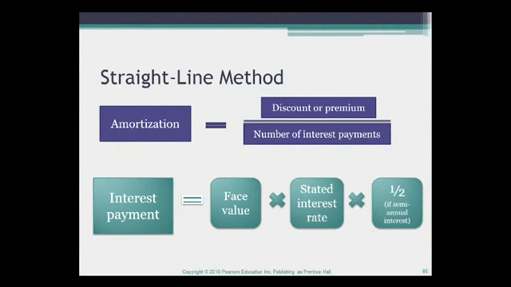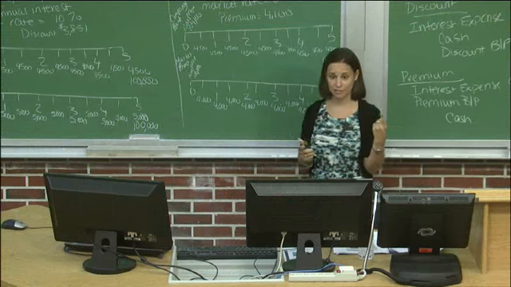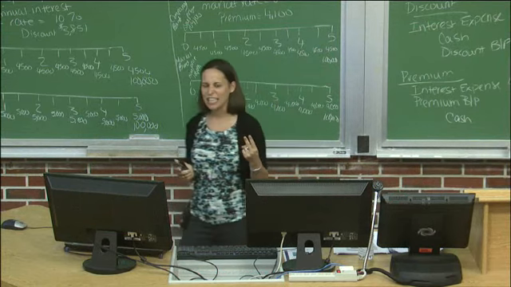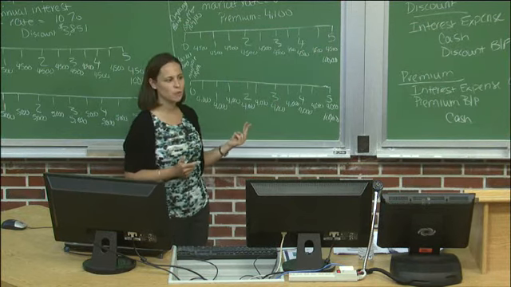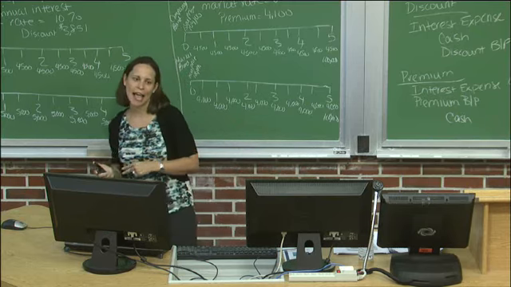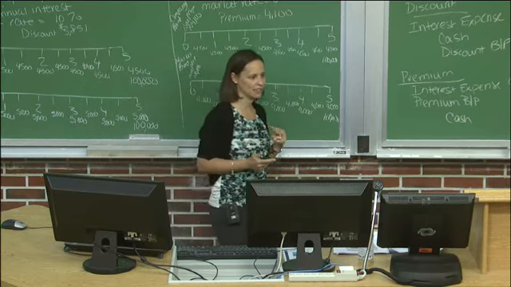Okay, so our next method, straight line. There's good and bad news with the straight line method. Want the good news first? Good news first. Well, I guess really two. It's easier, right? And once you do it for one interest payment date, it is the same for all interest payment dates.